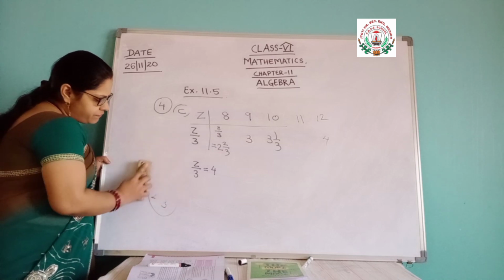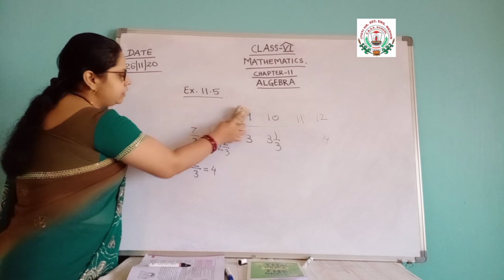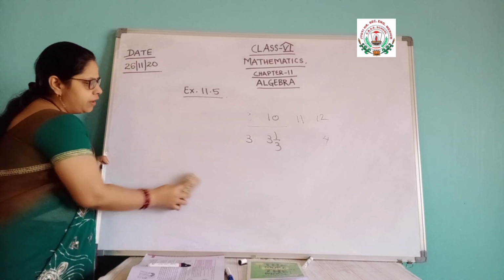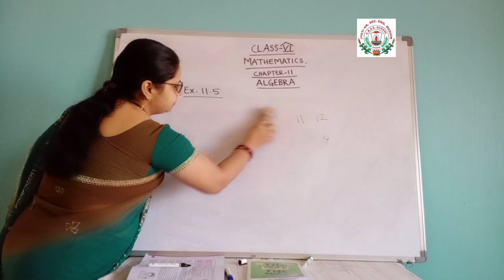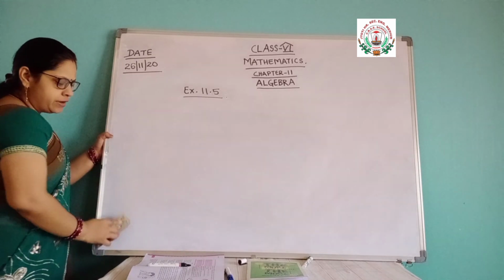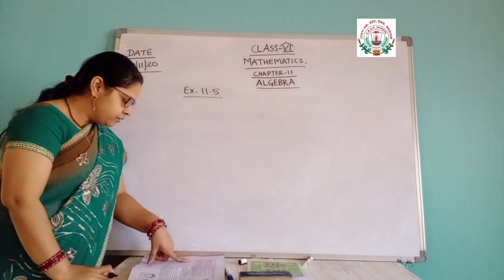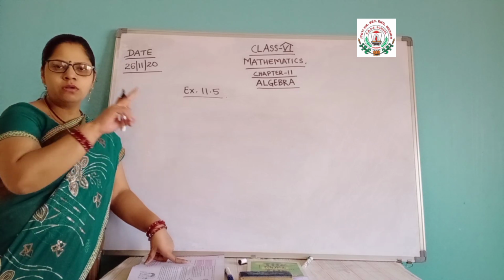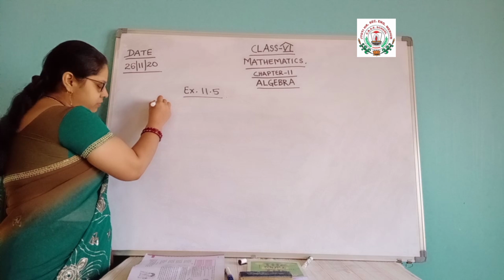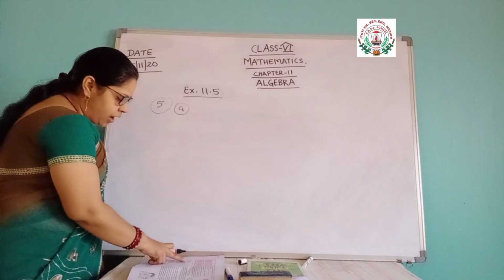Coming to question number 5. Here some riddle type questions are given. Riddles means some statements will be given, and you have to read them and write them in the form of an expression. Like: go round a square, counting every corner.